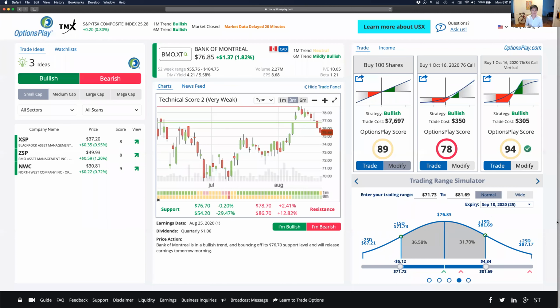Now, if let's say on earnings the stock moves a whole lot tomorrow and maybe volatility expands, then we're going to naturally select a strike price that's further away. And if volatility is lower, we're naturally going to select a strike price closer, because implied volatility is adjusting this bell curve. The higher the implied volatility, the wider this bell curve is, and we're going to select a higher strike price to sell for covered calls.